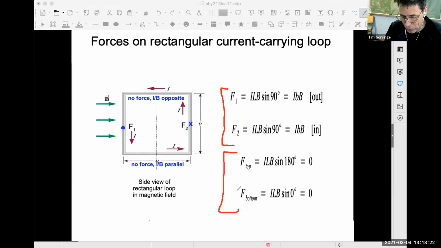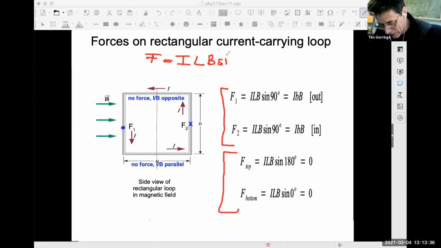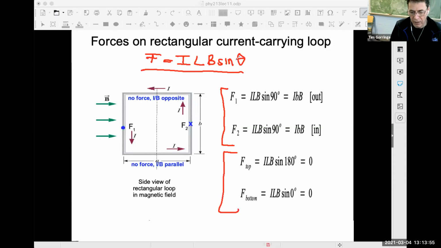So let's go through them and figure out the forces from this magnetic field that the wire is immersed in. And let's remember the master equation that we developed in the last topic, that the magnetic force on a current in a magnetic field is given by this equation. F is the force, B is the field, I is the current, and then there's the length of the wire and the orientation of the wire, which are the L and the theta.